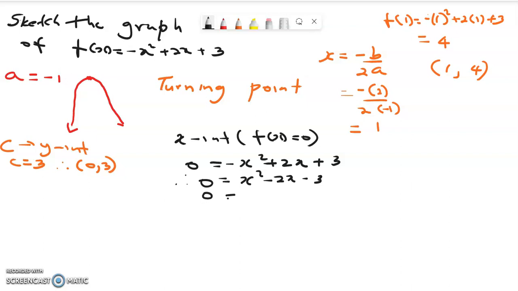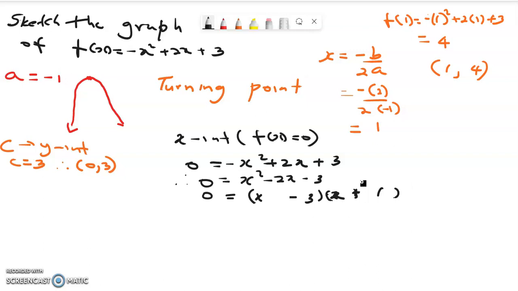Then we can factorize here. So this will be x times x. Then it is 3 and 1, 3 is negative, 1 is positive. We are looking for the factors of 3 with a difference of 2. So 3 times 1 is 3, and 3 minus 1 is 2.